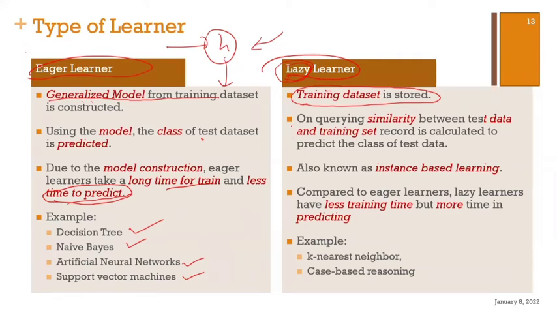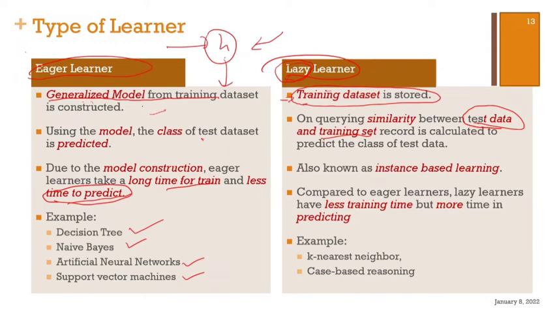So whenever you have a new sample, it will have to refer back to the training data set to check this new sample. Who are you closer to? Who is similar to the training set they have given to me? If you are similar to it, then I can know where you belong. So when you bring in the test data, it will compare the test data with the training set, which is unlike the eager learner.